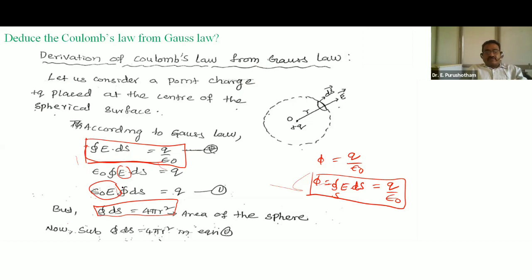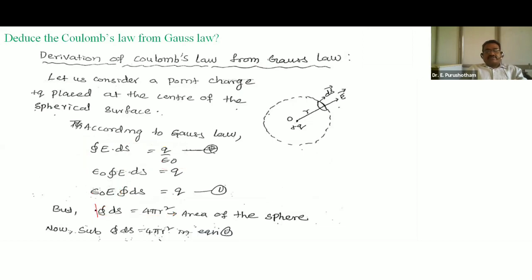Now substituting 4 pi r square in place of the surface integral of ds, with epsilon naught E as it is, epsilon naught E into 4 pi r square is equal to Q.